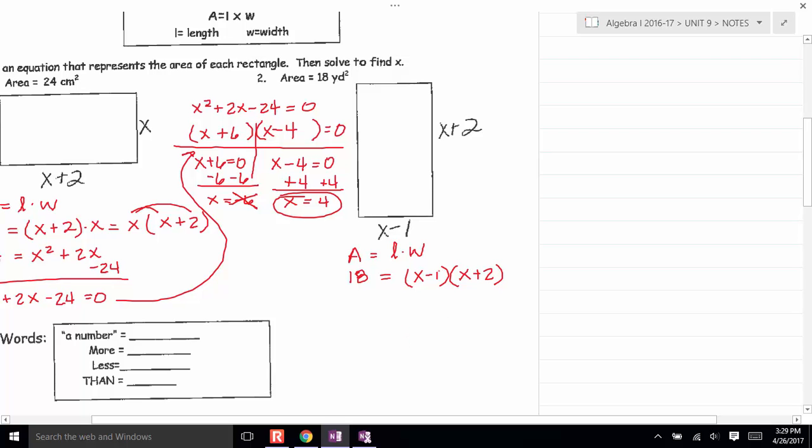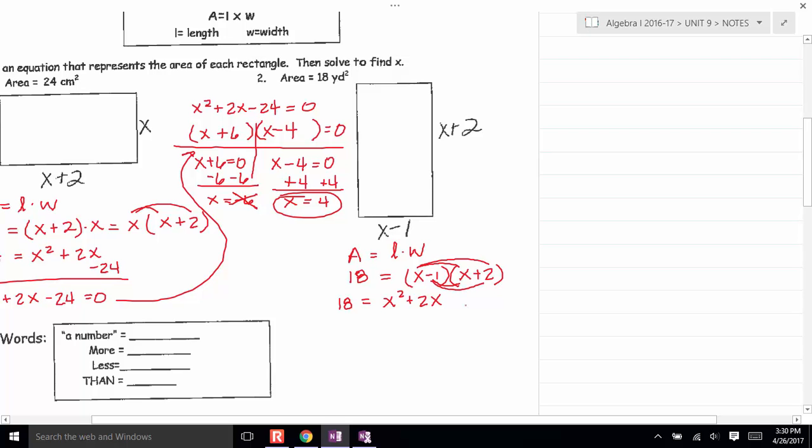So on the right side of this equation, I have a binomial times a binomial. So to simplify that, I would multiply the x first by distributing it to the x and the positive 2. That would give me x squared plus 2x. And then we would come back along and distribute the negative 1.